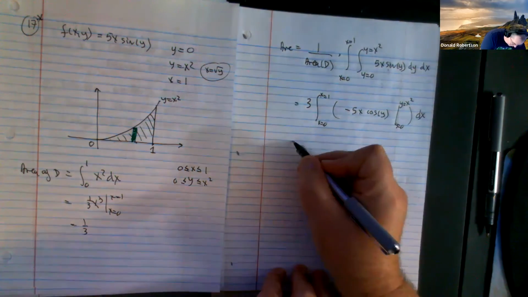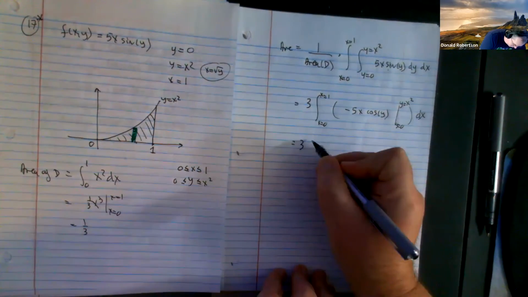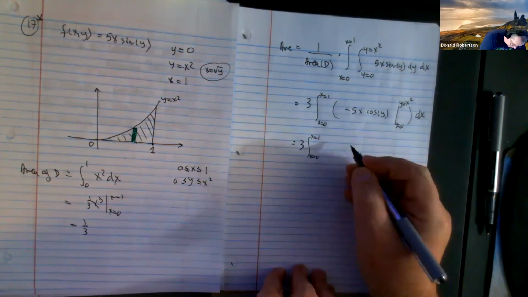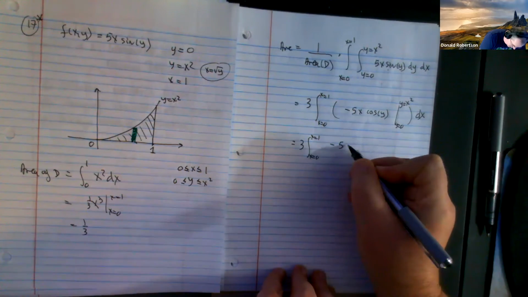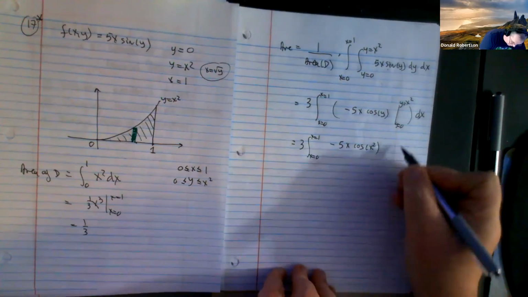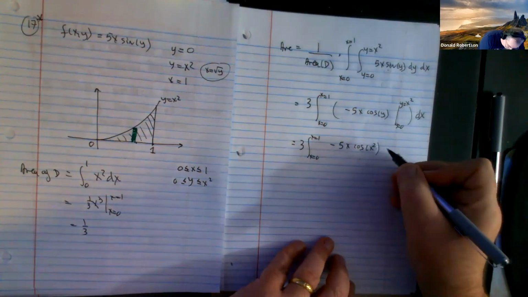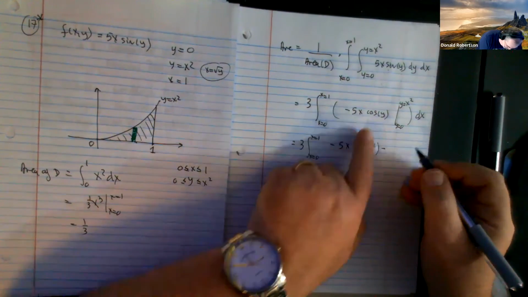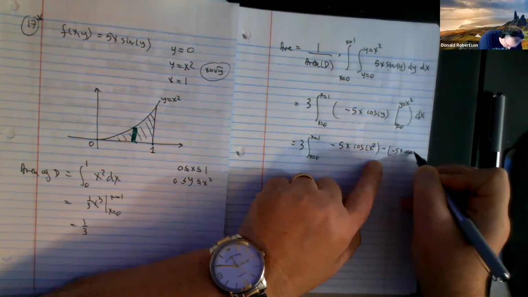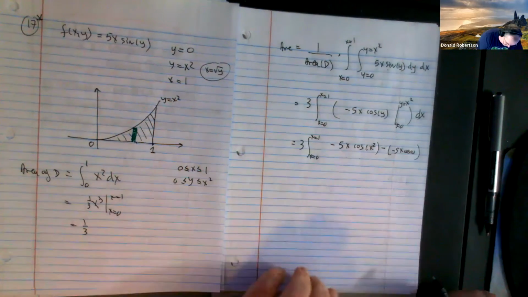Now, in this case, you plug in x squared, you get negative 5x, the cosine of x squared. Take away, plug in 0, negative 5x times the cosine of 0, dx.